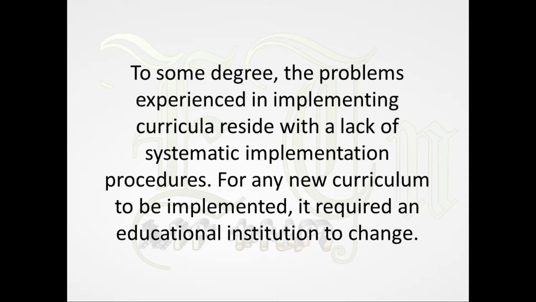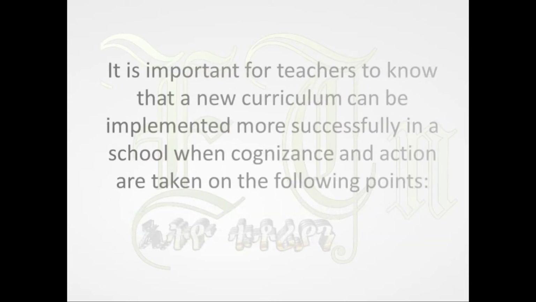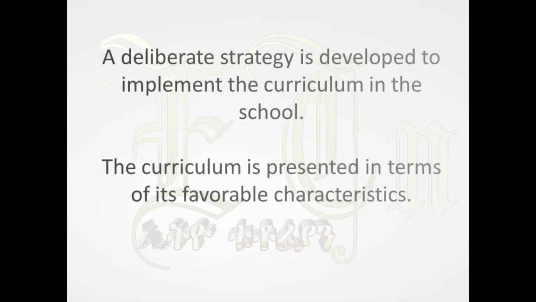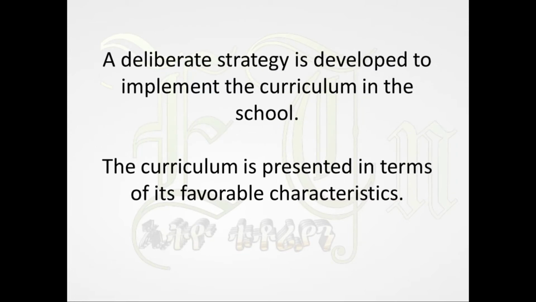For any new curriculum to be implemented, it requires an educational institution to change. It is important for teachers to know that a new curriculum can be implemented more successfully in a school when cognizance and action are taken on the following points. A deliberate strategy is developed to implement the curriculum in the school.